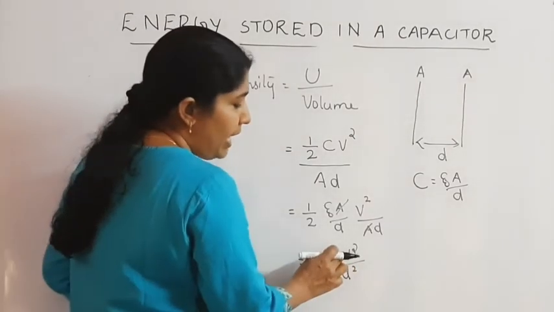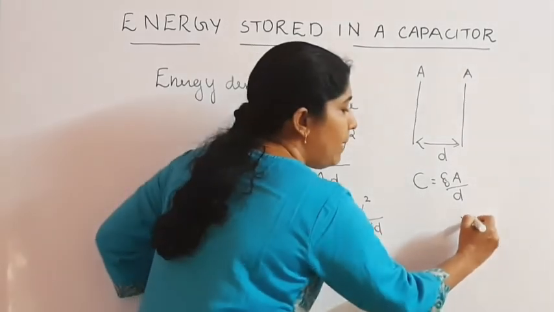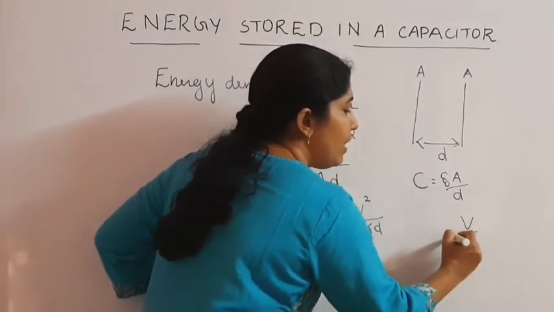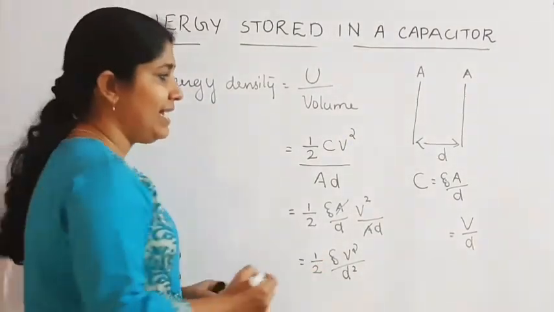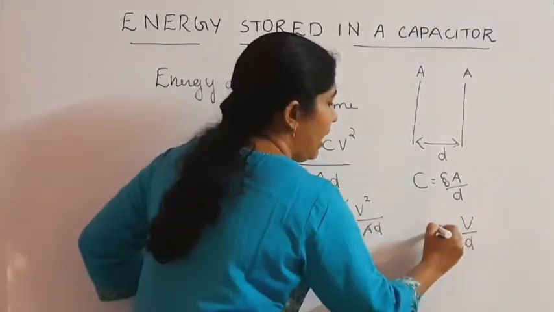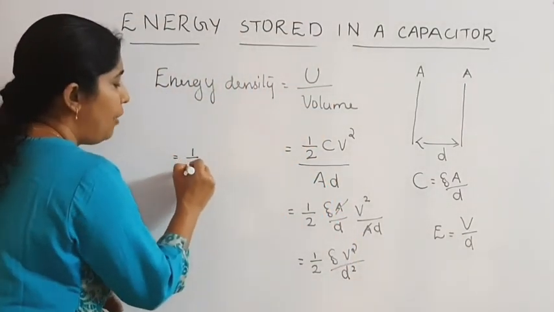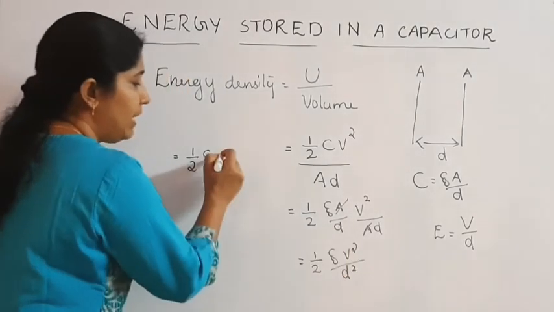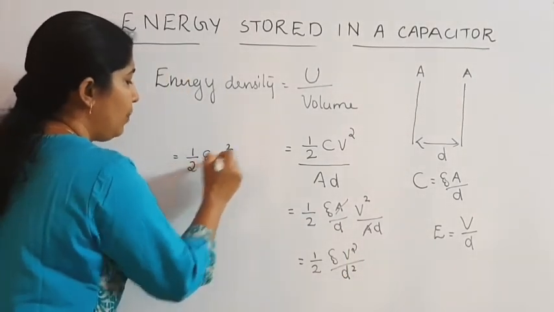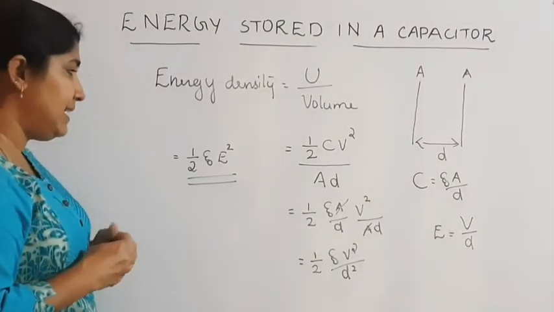V is the potential, D is the distance between the plates. Then V by D is equal to E, the electric field. Now the equation becomes half epsilon 0 into V by D the whole square, that is equal to E square. This is the equation for the energy density.